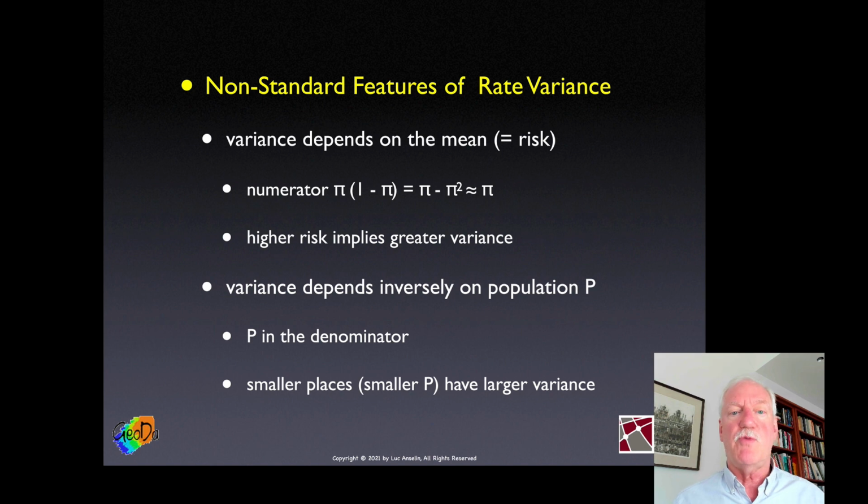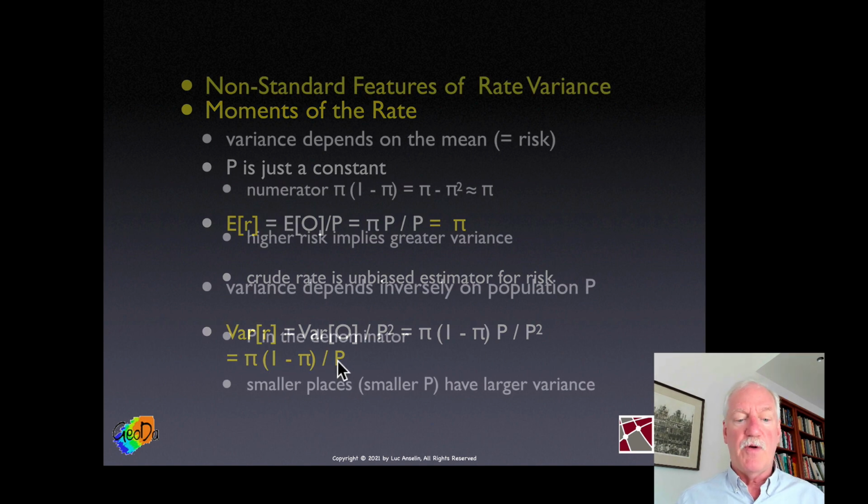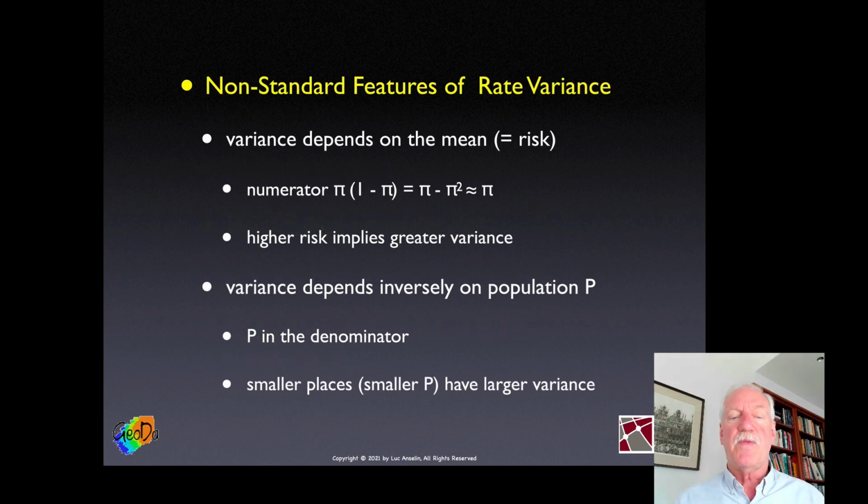The second one is much more serious, is that the variance depends inversely on the population p. The p is in the denominator, as we see here, pi times 1 minus pi over p. And what this means is that if p is very large, your variance will be small.